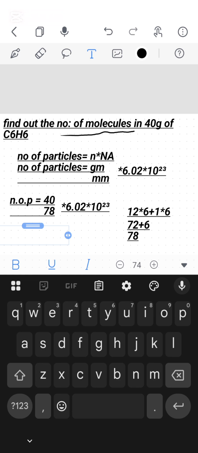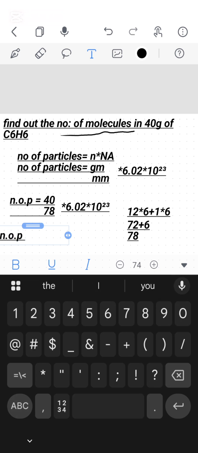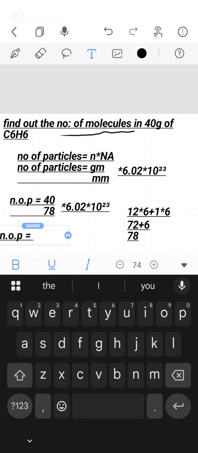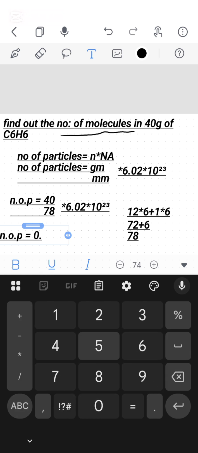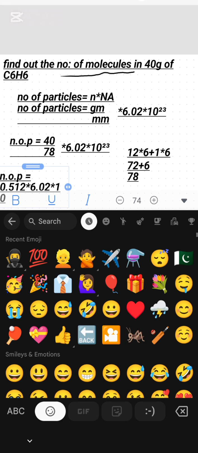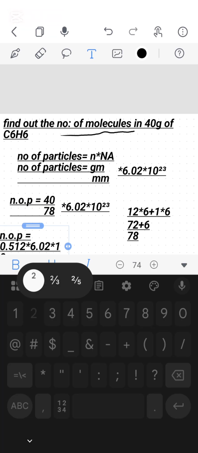Now we will simply solve. NOP is equal to, I guess it would be 0.512, 0.512 multiplied by 6.02 multiplied by 10 power 23.